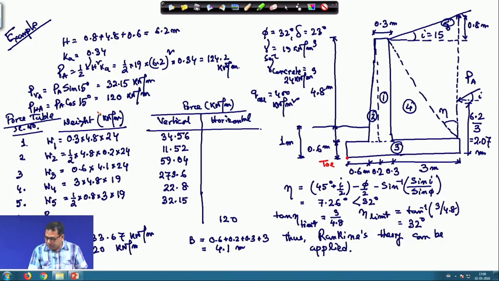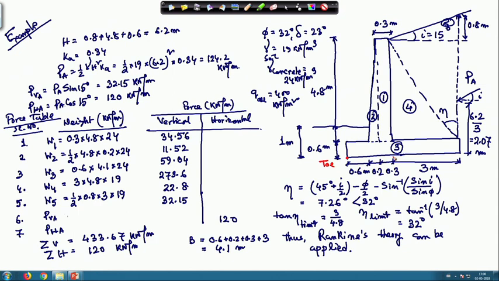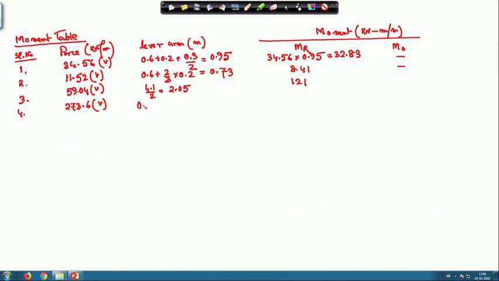The lever arm will be 0.6 plus 0.2 plus 0.3 plus 3 divided by 2. So, this value is 2.6. If I multiply this 2.6 with 273.6, this is 711.36. Okay.